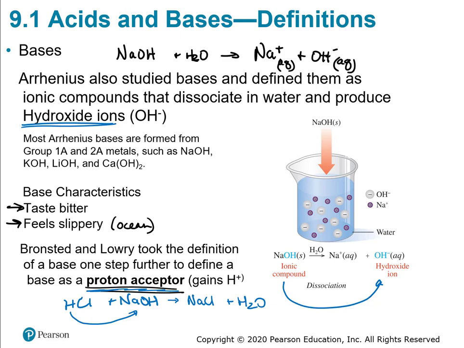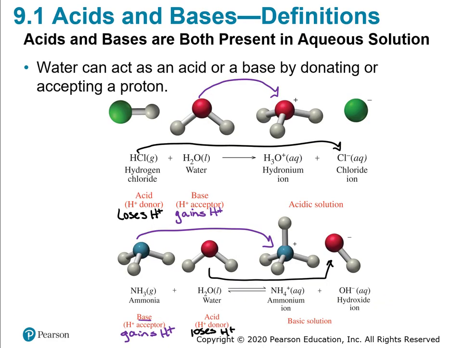So here's a couple of other examples. In the top one, if you look at hydrogen chloride and water, notice that as you progress across, hydrogen chloride just ends up becoming the chloride ion. So you see that it loses hydrogen. Since it loses hydrogen, that makes it the acid.